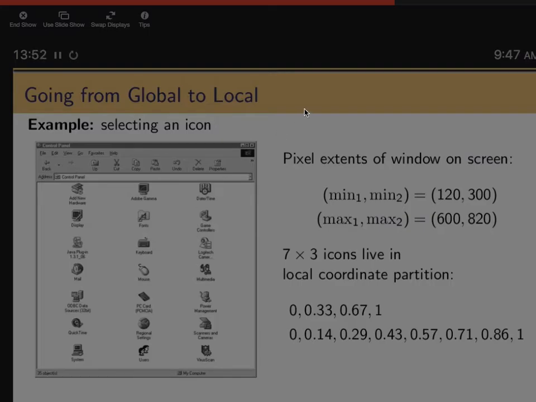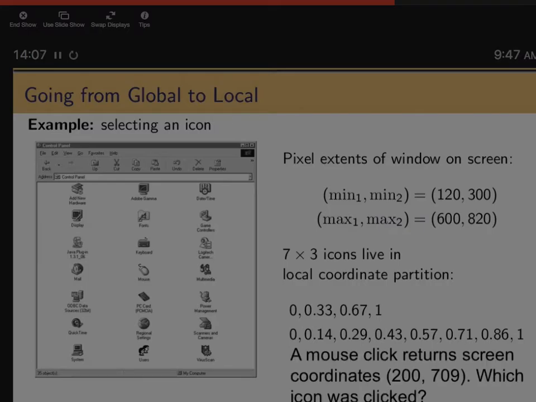Because I move my mouse over something and I click on it. Somewhere in the computer, you have to figure out what did they click on, and that's a coordinate transformation. I know the coordinate of the mouse. What did they click on? So if a mouse returns a click on the screen with the coordinates 200 and 709, which icon was clicked?